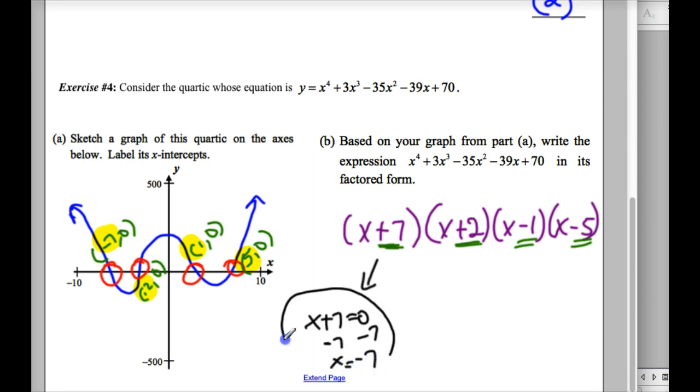So this piece is telling me when x is negative 7, it is an x-intercept, which is this point right here. And the same thing goes. So the shortcut is, after you find these x-intercepts that I just highlighted, you take the x number and it becomes the opposite of it. So since this was negative 7, it becomes positive. This was a negative 2, it becomes a positive 2. This was a positive 1, it becomes a negative 1. This is a positive 5, it becomes a negative 5.